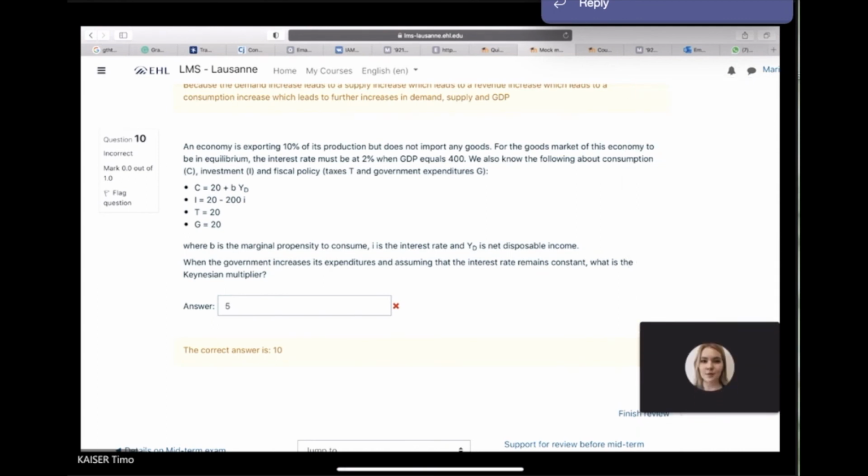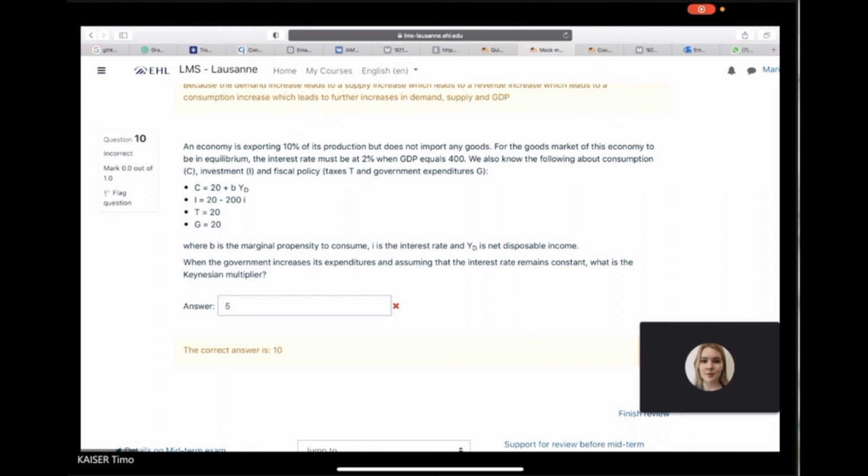Okay. An economy is exporting 10% of its production, but does not import any goods. For the goods market of this economy to be in equilibrium, the interest rate must be at 2% when GDP equals 400.